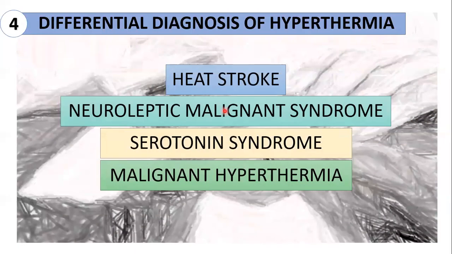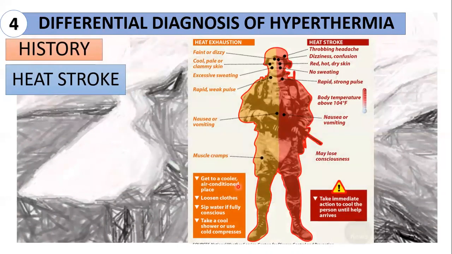Let's now talk about the various differential diagnoses, starting with hyperthermia. So we have four: the heat stroke, neuroleptic malignant syndrome, serotonin syndrome, and malignant hyperthermia. So what is heat stroke? This may result from central nervous system dysfunction or excessive physical exertion in a hot environment.